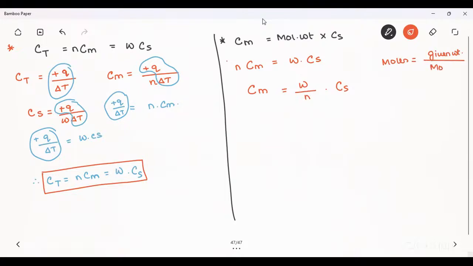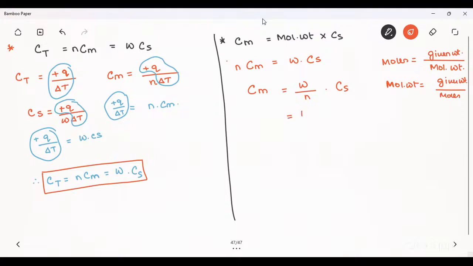So molecular weight is equal to given weight by number of moles. n is the number of moles and w is the given weight.